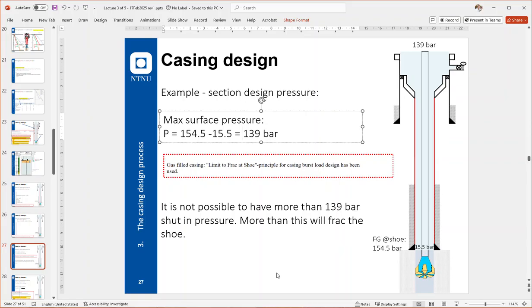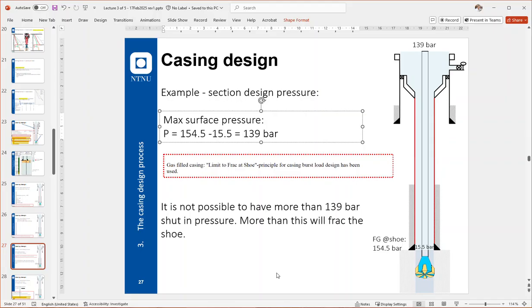So the maximum pressure you can see on top would be 139 bars. It is not possible to have a higher pressure than that for one of these shallow casings.